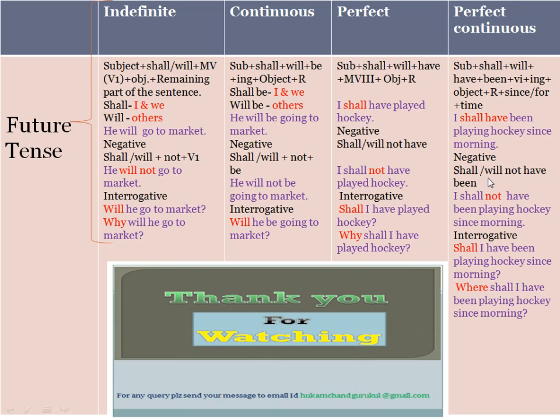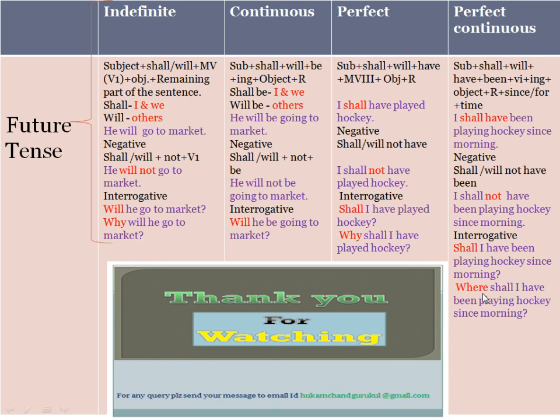These are the conditions of future perfect continuous. For negative we use not just after shall and will. I shall not have been playing hockey since morning. Not is used here. Shall have been, first form of the verb, time is also here. This shows the sentence belongs to future perfect continuous tense.